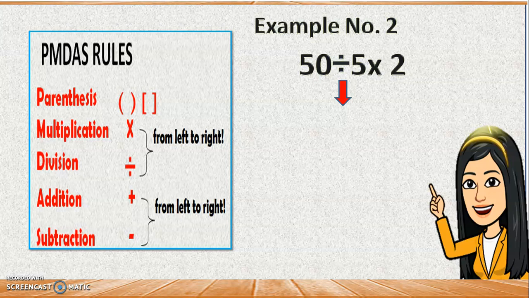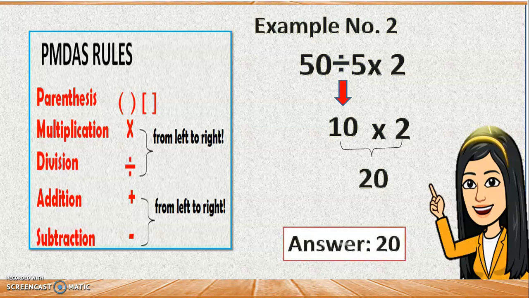So we're going to divide first. 50 divided by 5 is 10. Times, baba mo lang yung number, times 2. Then, 10 times 2 is equal to 20. So the answer is 20. Diba? Ang dali lang. Always remember, yung nandun sa left side, ang lagi mong unahin sa pag-solve.